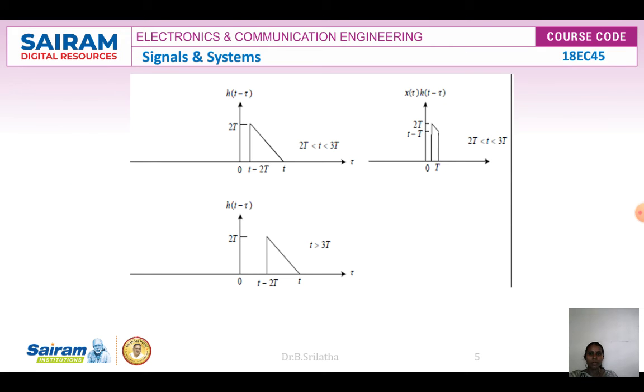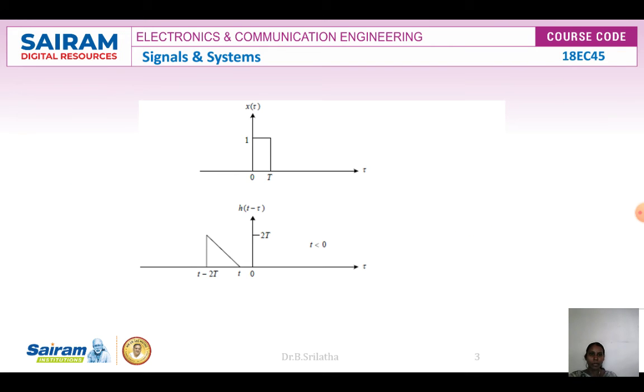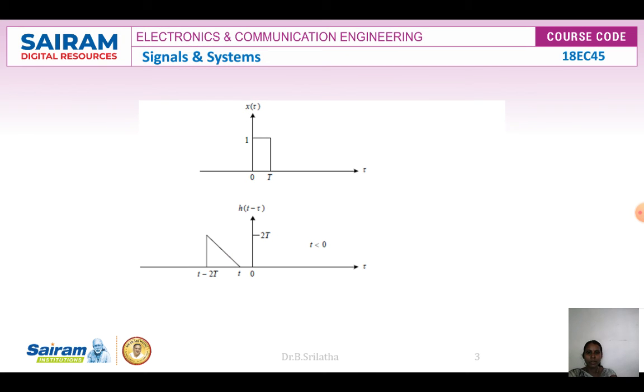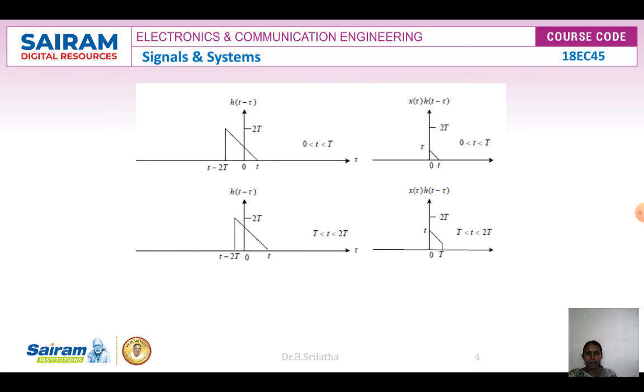You can do it in this graphical way, or otherwise you can multiply and do it. Here y of t is 0 for t less than 0. Next, you can observe that h of t minus tau, from t to t minus 2T, is shifting across: next to T it is shifting here, and next to T it is shifting here.